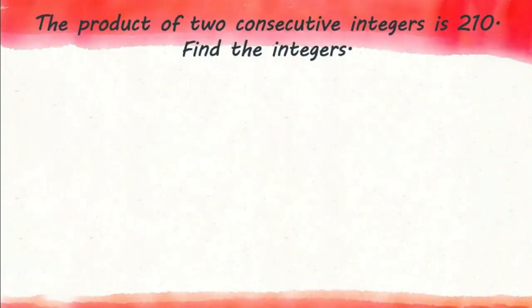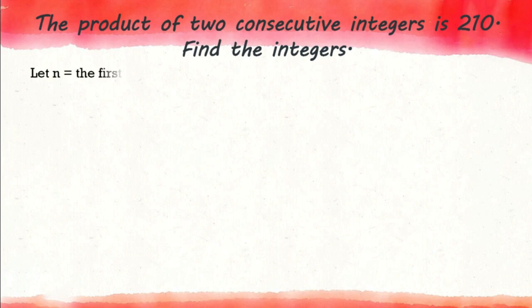The product of two consecutive integers is 210. Find the integers. First, define your variables. In our example, we are asked to find consecutive integers whose product is 210. Again, we are looking for consecutive integers.